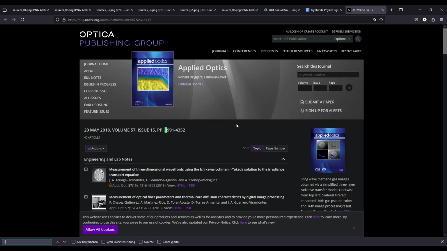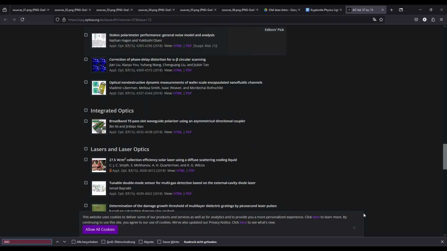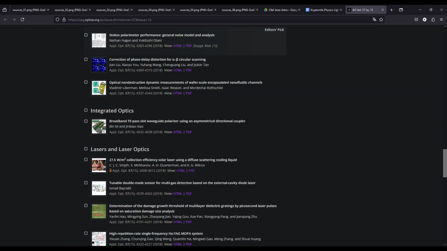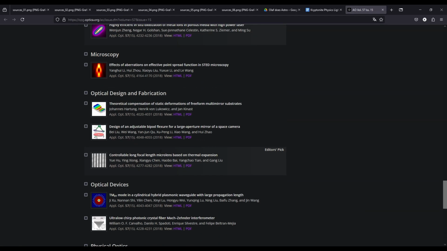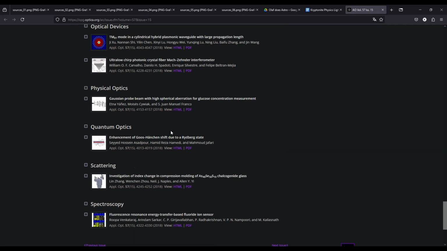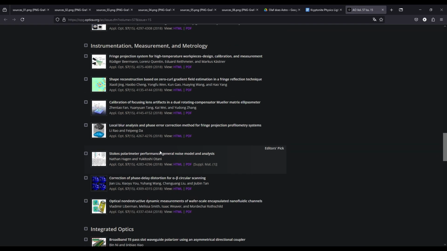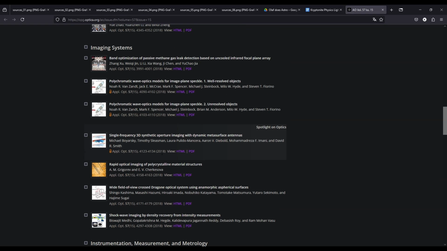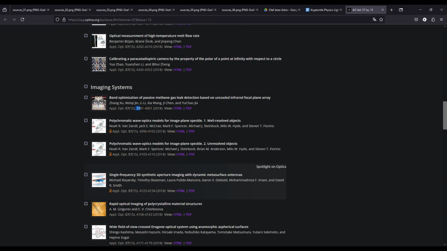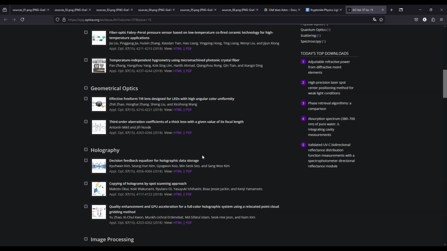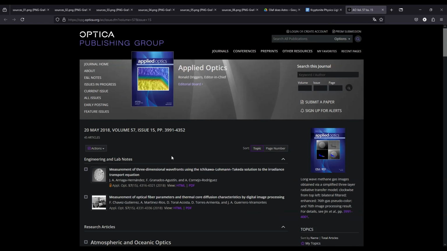Now let's see 3,843. Oh dear, no article starts at that. Let us have a closer look. There don't seem to be any pages that start lower than this one right here. Unsurprising, given that that journal ranges from these pages.